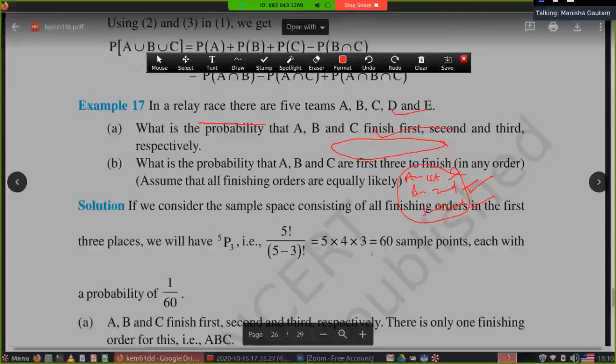Total points will be 60 in the sample space. Out of 5, you are taking 3 persons. Total possibilities 60, and only one case when A comes first, B second and C third. Favorable case will be 1 only. So 1 upon 60 is the probability of the first part.